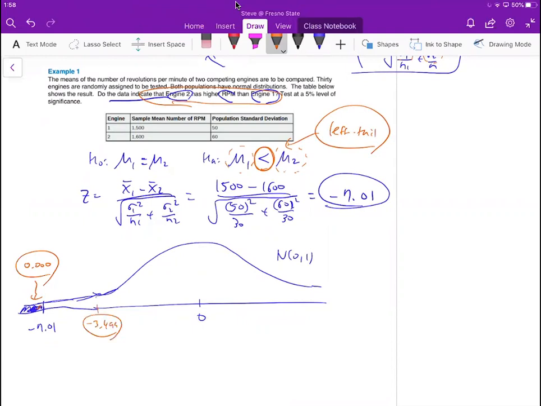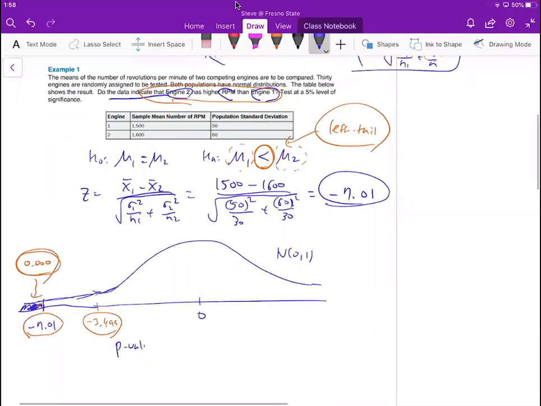A more negative number is going to be even closer to 0. So the p-value is approximately 0. Therefore we reject the null.